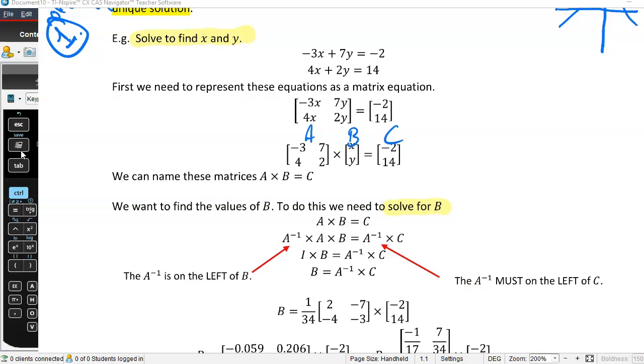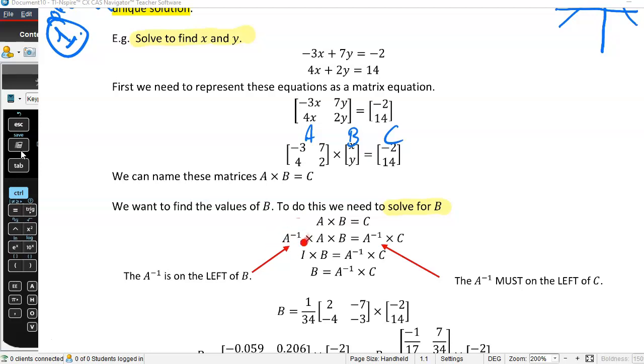Now, because it's on the left here, it must be on the left-hand side over C. Remember, what we do on one side of the equal sign, we've got to do on the other side. So, because it's on the left, we've got to do it on the left-hand side here, remembering that the order that we multiply matrices in is very important.